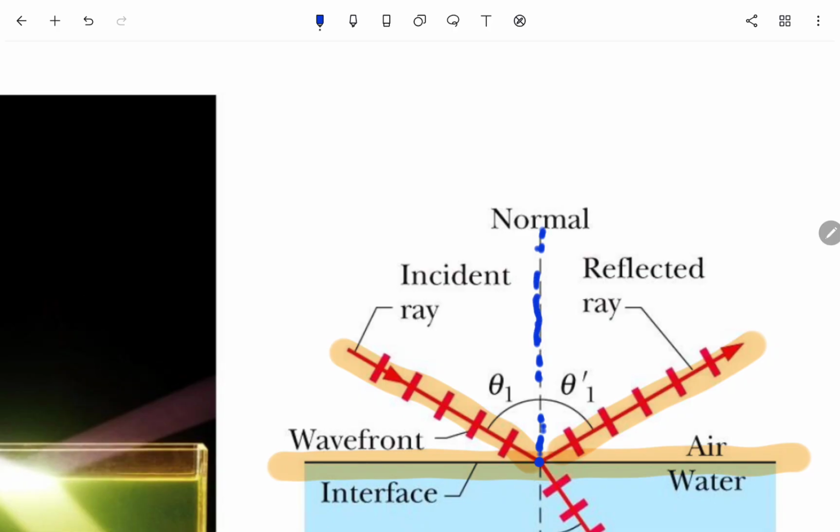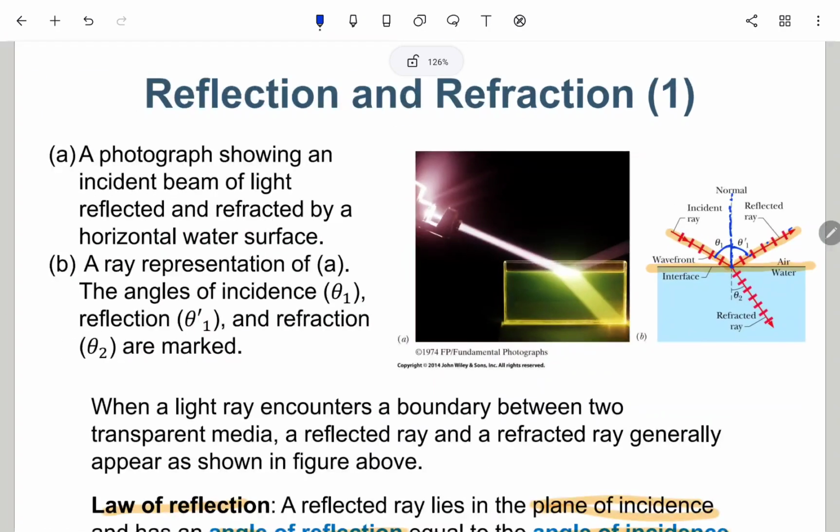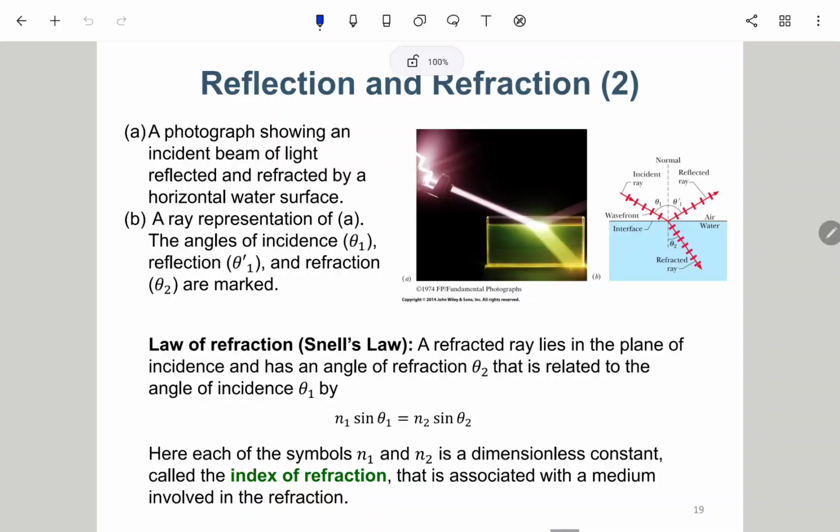The angle between the incident ray and the normal line is called the incident angle, and the angle between the normal line and the reflected wave is the reflected angle. So theta 1 equals theta 1 prime. Very straightforward. I suppose you should have learned it. For the law of refraction, we call it Snell's law. Snell's law is nothing but n1 sine of theta 1 equals n2 sine of theta 2, which should be a constant.